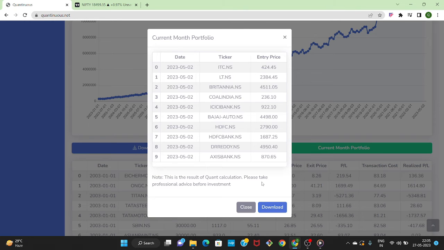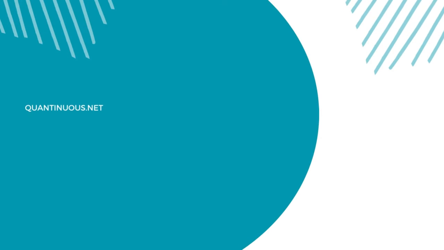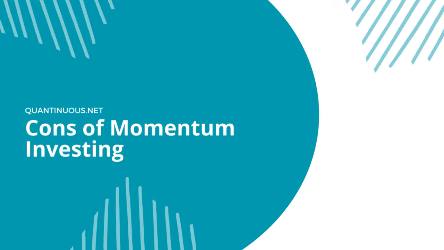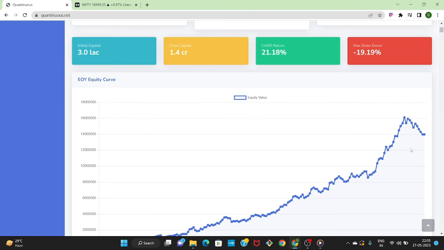Now people might ask, we have got to know so many positive things about the momentum investing strategy. What are the cons of it? First of all, momentum strategies are very high volatility strategies. You can experience a very high drawdown in a given month. As you can see, the strategy is going through a drawdown right now and we have around 13% drawdown from its peak.